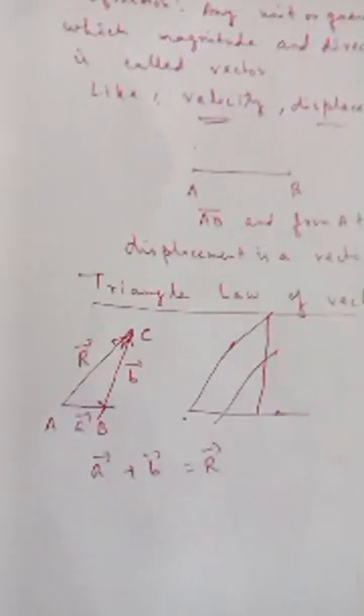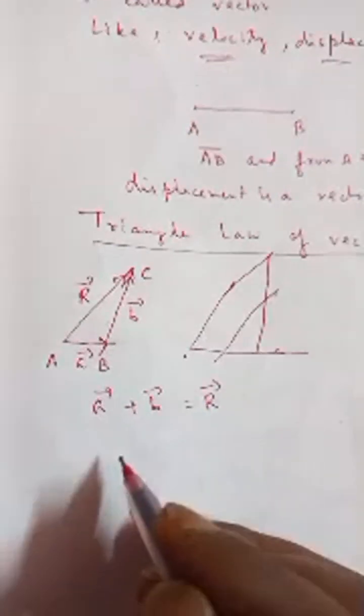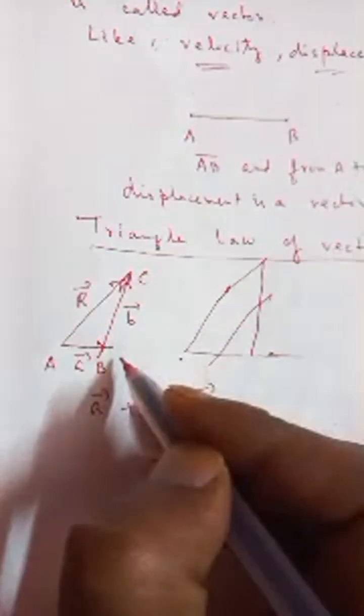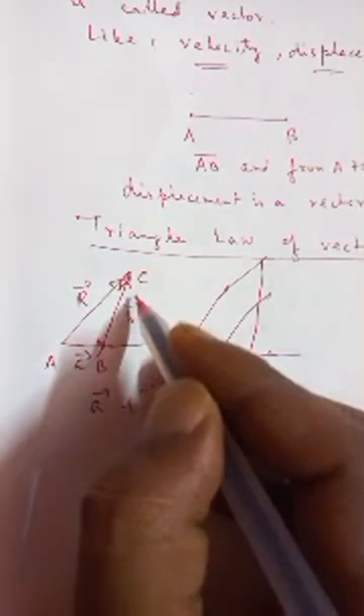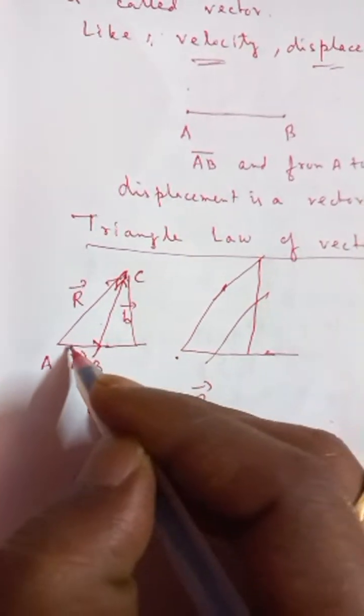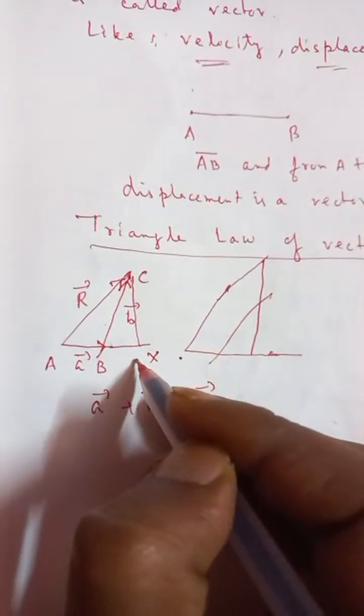So how can we find the magnitude and the direction of the resultant vector? We draw a perpendicular from C to AX, which is CD.